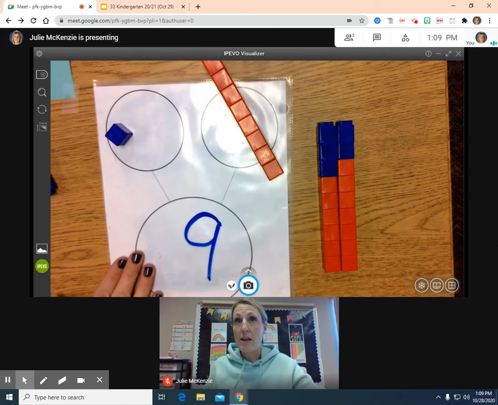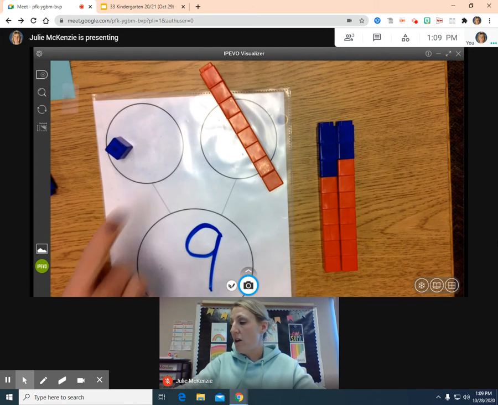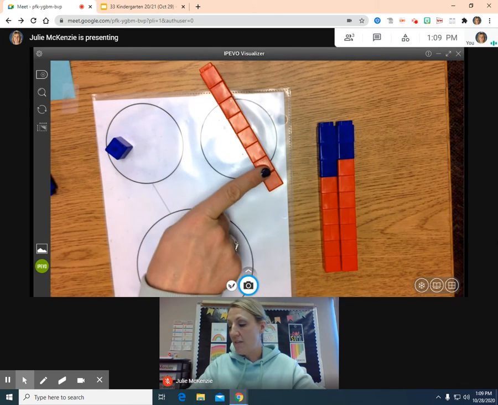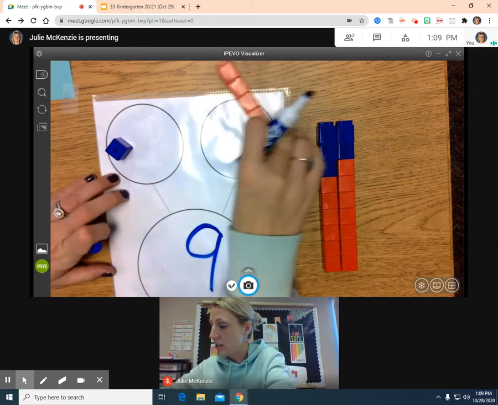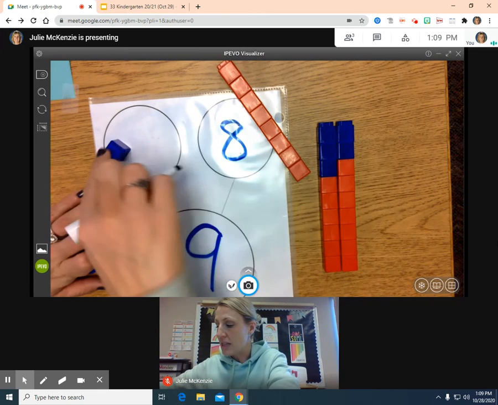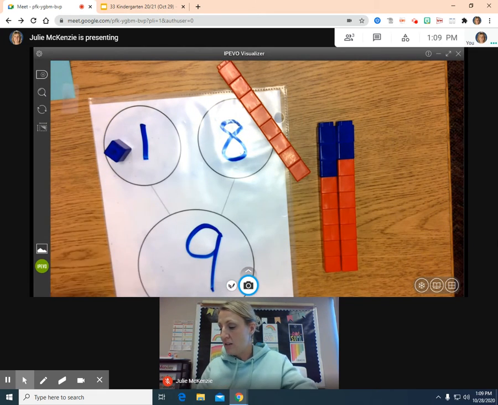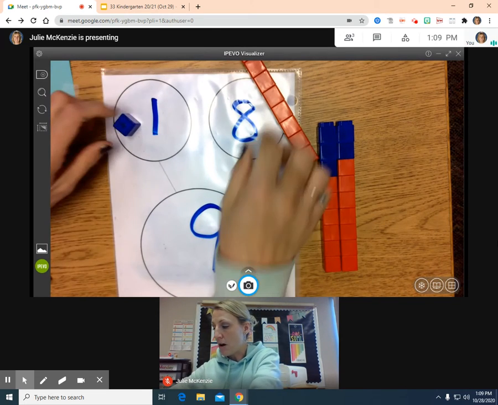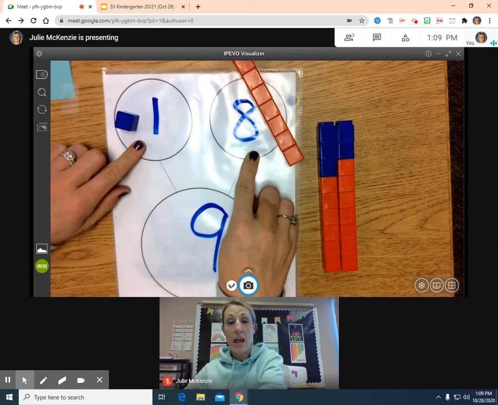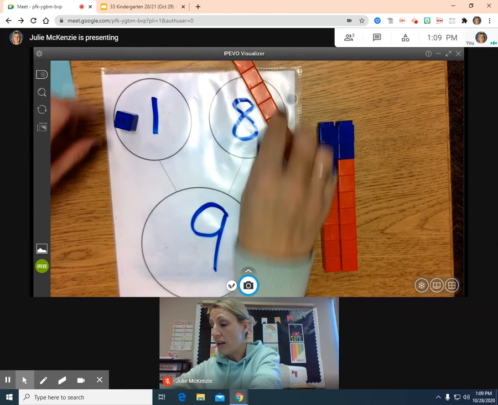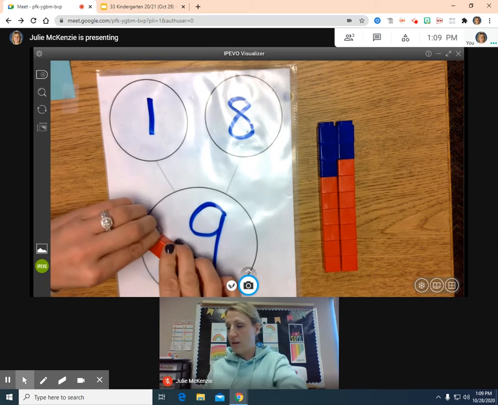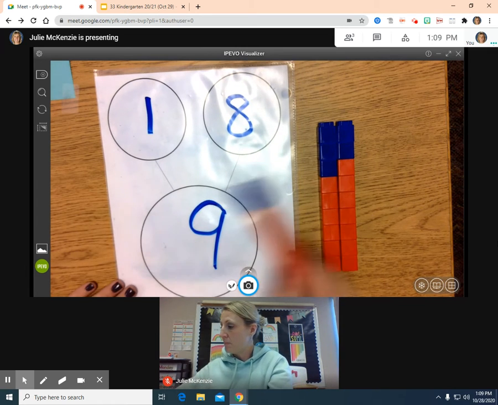Let's see how many are in this group. 1, 2, 3, 4, 5, 6, 7, 8. So this part has 8 and this part has 1. So 1 and 8 are the parts. When I break 9 apart, I can have parts that are 1 and 8. I can also take 1 and 8 and put them together, and then my whole group is 9.